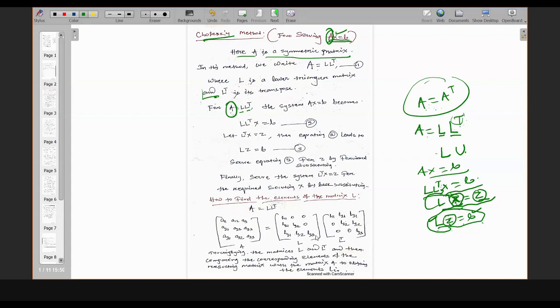Okay. So the same thing I have written here: L L transpose x equals b, then L transpose x equals z, then Lz equals b. These are the steps. After obtaining the matrix L, you need to find only the matrix L, not like in the previous case where you obtained the matrices L and U. Once you obtain L, you can find its transpose. It's not a problem.